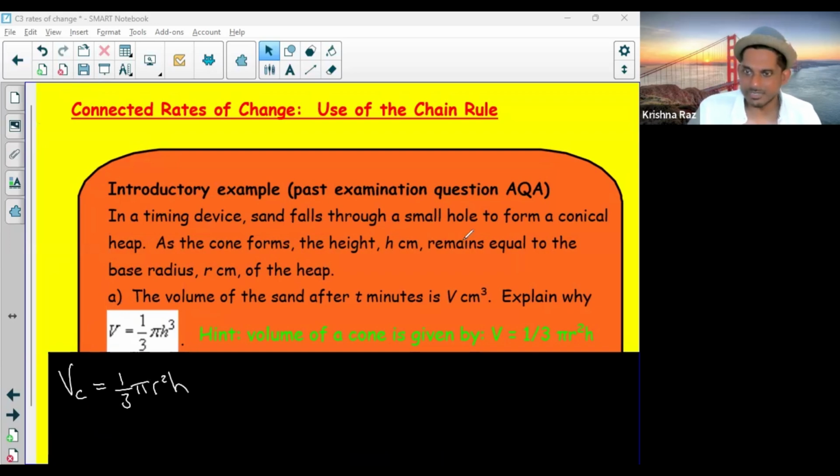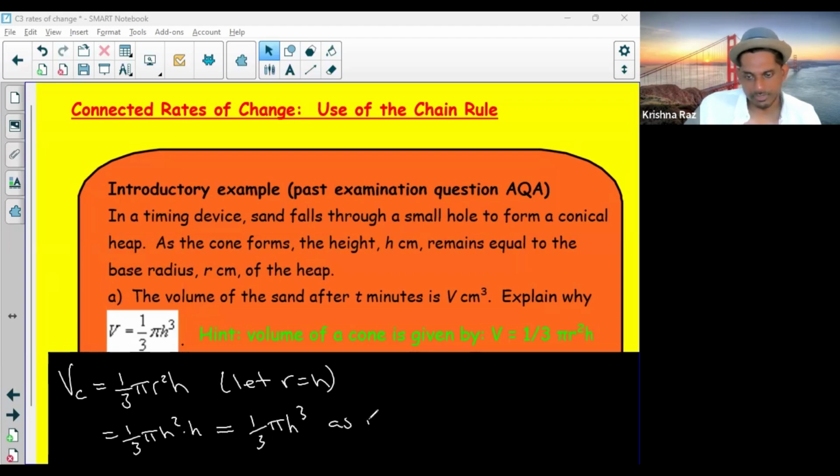It tells us as the cone forms, the height remains equal to the base radius. So we let r equal h. Therefore, we get a third pi, h squared times h, which equals a third pi h cubed, as required in this question.